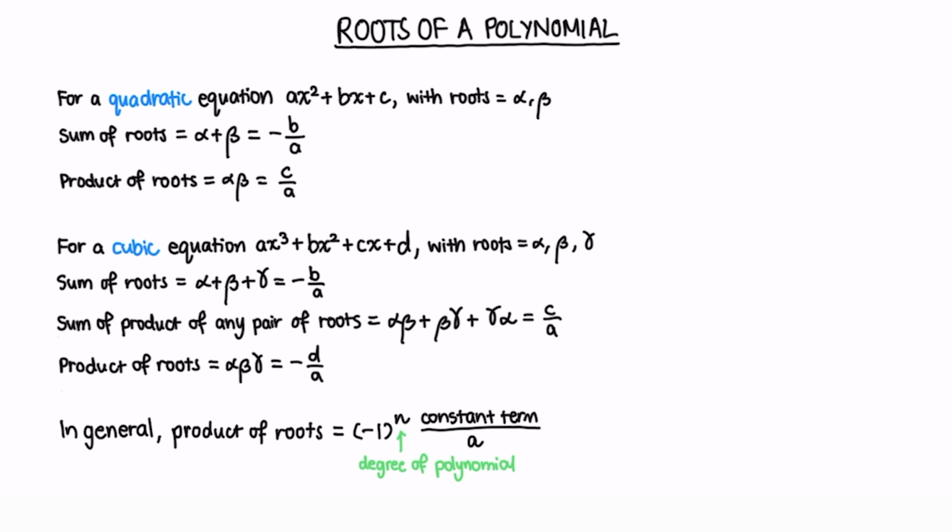So I have this formula that the product of roots for any degree polynomial is just negative 1 to the power of n, where n is the degree of the polynomial, times the constant term over a. This is just to say that for an odd degree polynomial, it will be negative, but for an even degree polynomial, it will be positive.